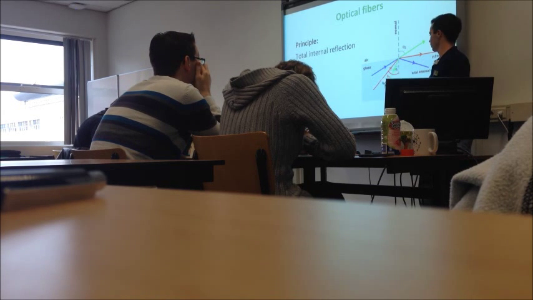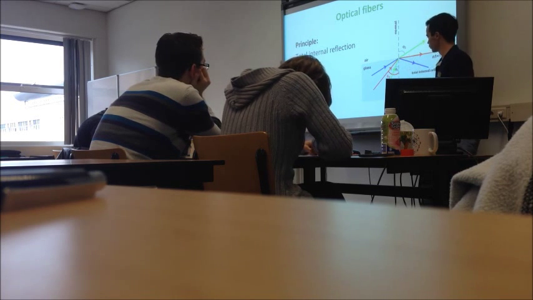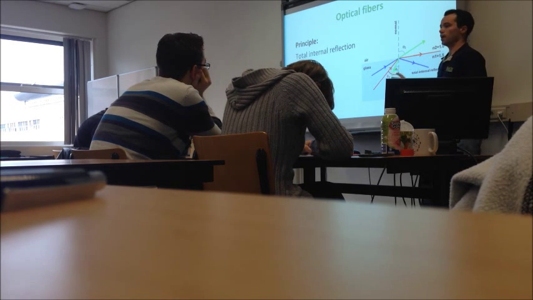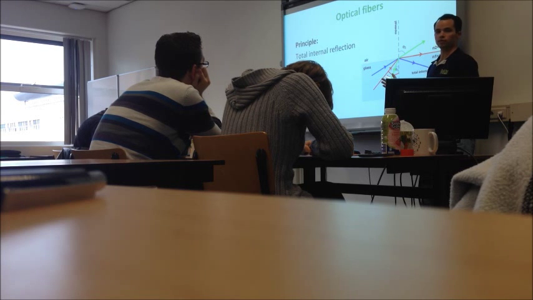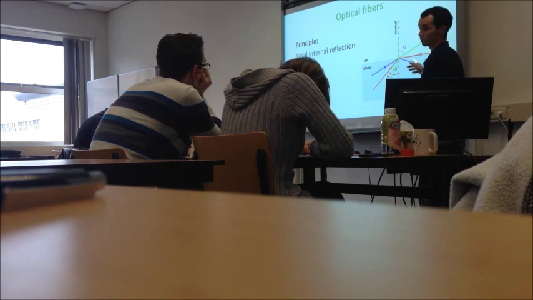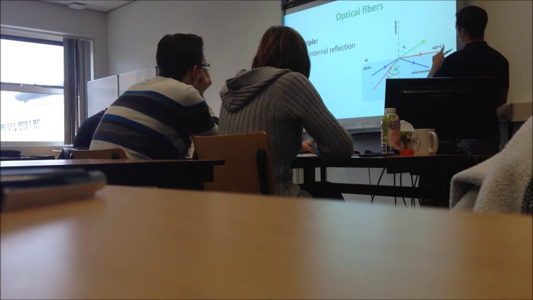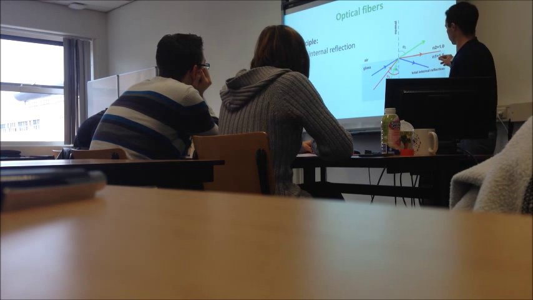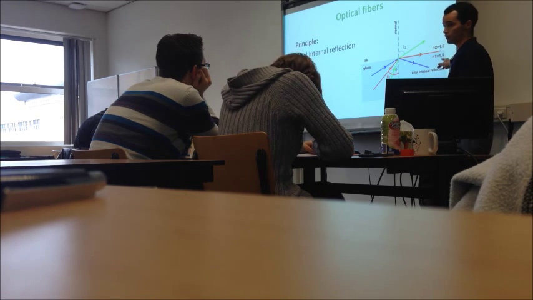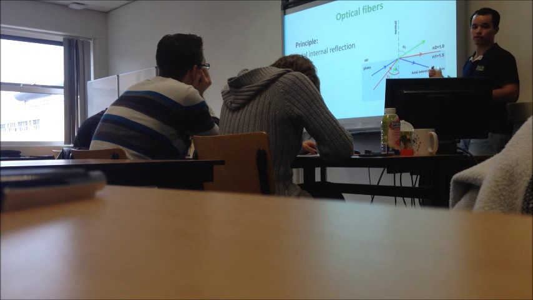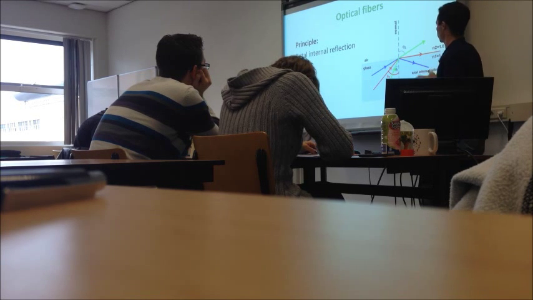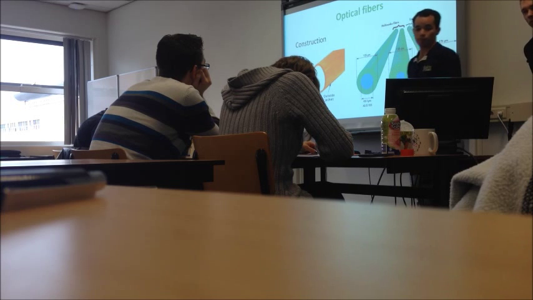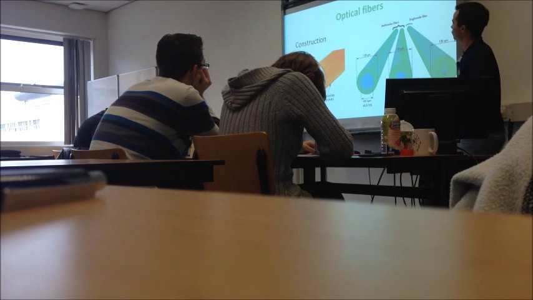So we have this limit angle here, which is the base of the red drawing here, and any angle which is bigger than this one will cause a total internal reflection. So for this we need two media. One needs to be more refringent, needs to have a higher refraction index, so that this can happen. And we basically have the construction of an optical fiber.